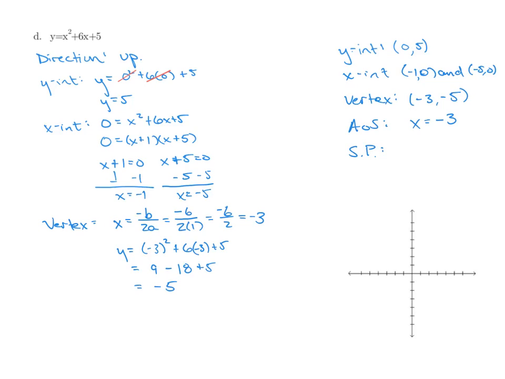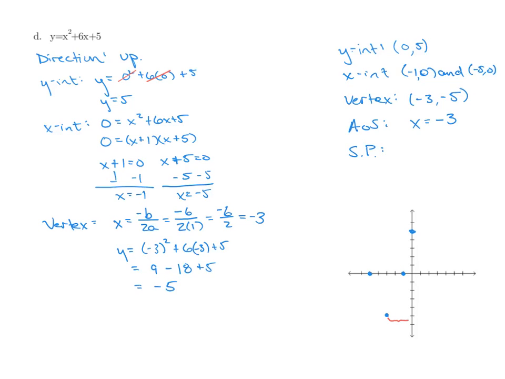Okay, so let's go ahead and graph this. We get 0, 5 for our y-intercept, negative 1, 0, and negative 5, 0 for our x-intercepts, and negative 3, negative 5 for our vertex. So for our symmetric point, we're going to go symmetric to the y-intercept.